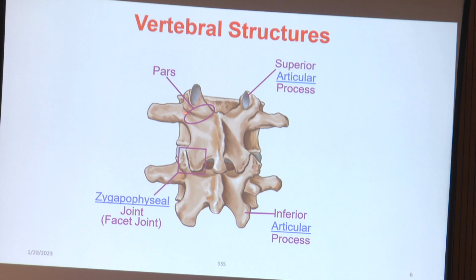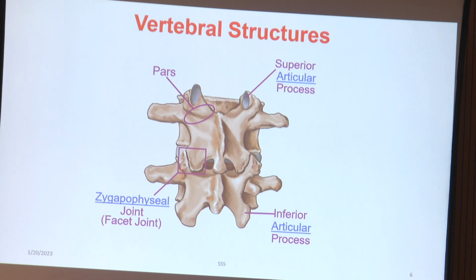Now, this is important. This is something which we mug up, but we don't know. When you are doing surgery, it's very important to understand how much decompression is needed. So if you see, this is our friend, the zygapophyseal joint, the facet joint.